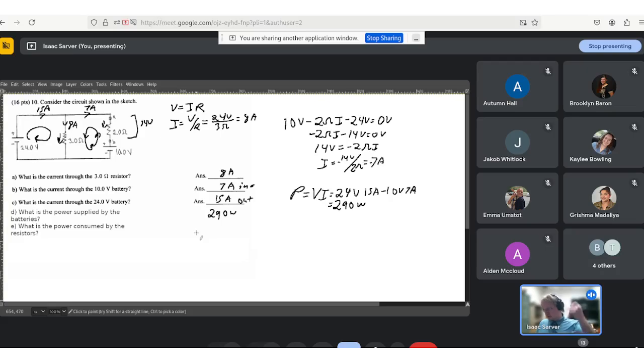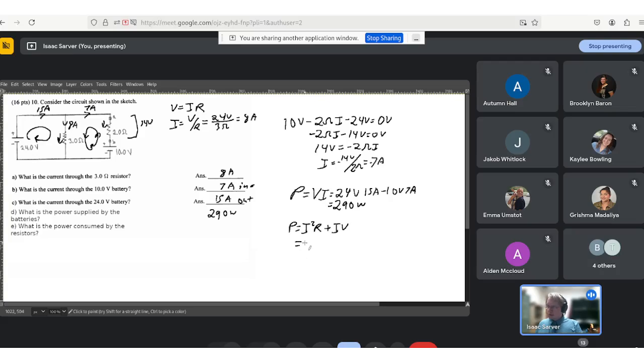And the power consumed by the resistors? So for this one, power is I squared R. That's a good way to do it for this one, and we'll do IV on the other one, the one in the middle.